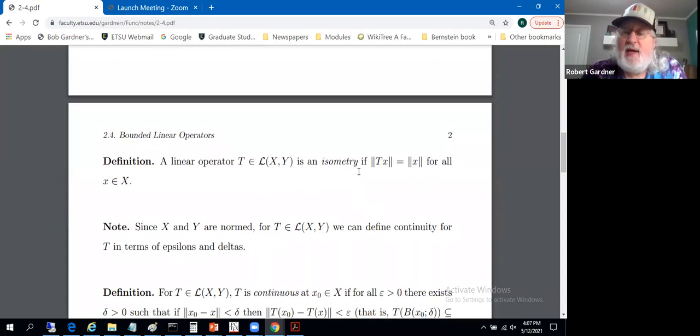This operator is called an isometry if the norm of T of x equals the norm of x for all x in the domain space, the normed linear space X. So this maps a vector of some particular length to a new vector in the other space that has the same length, same measure, isometry. So isometries preserve lengths of vectors.